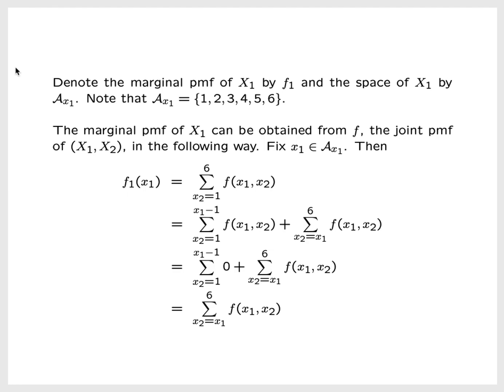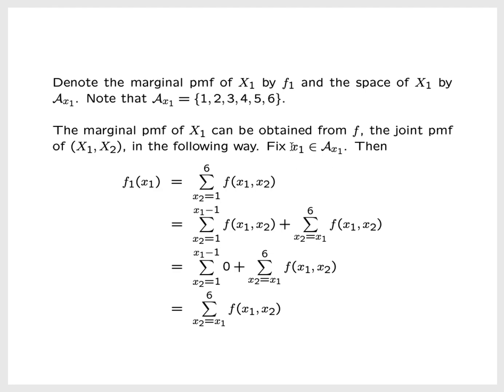So denote the marginal PMF of X1 by f sub 1 and the space of X1 by script A sub X1. And note that the sample space of X1 is the set of integers 1 through 6. Now, the marginal PMF of X1 can be obtained from the joint PMF of X1 and X2 in the following way.